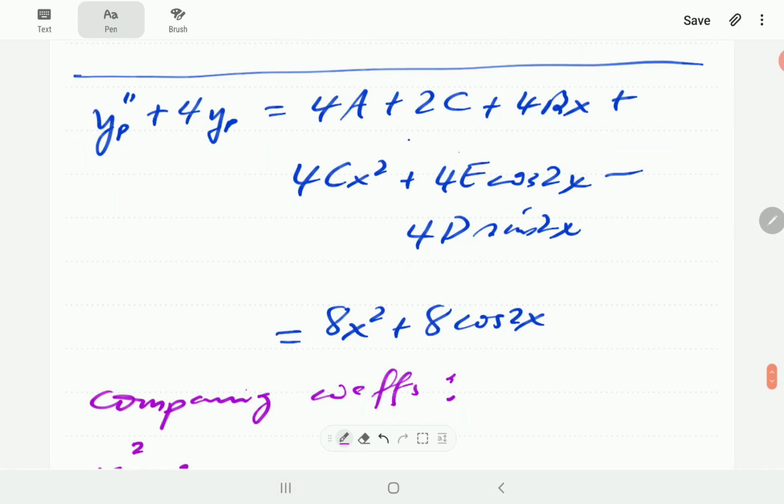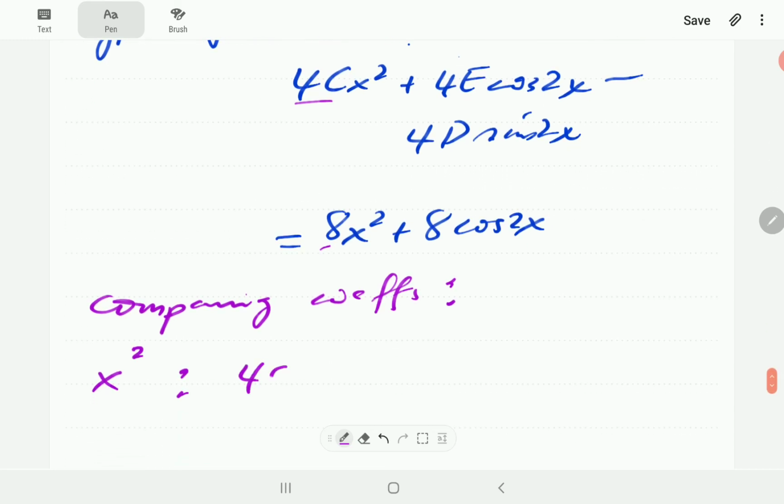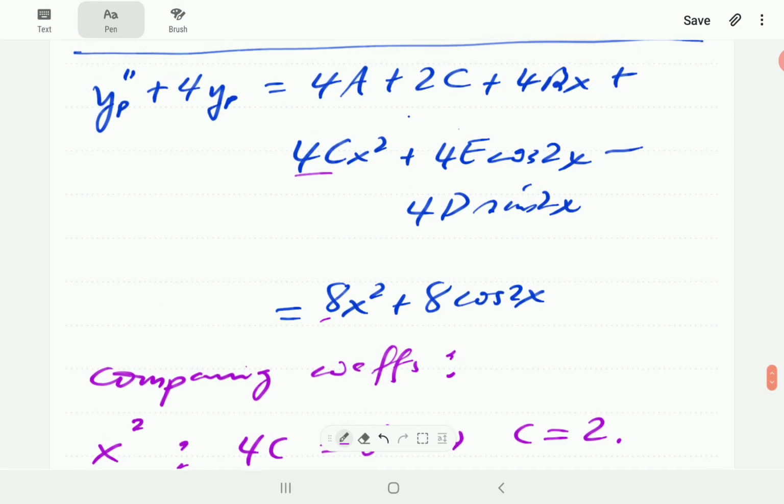On the left hand side we've got 4c as the coefficient of x squared. On the right hand side we've got 8. So this tells us that 4c must be equal to 8, and so c is equal to 2. Then we go to the x terms. There is only one x term this side, which is 4bx.